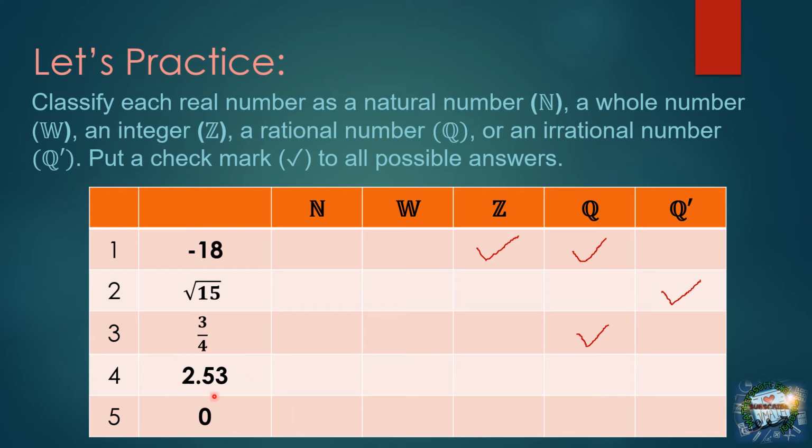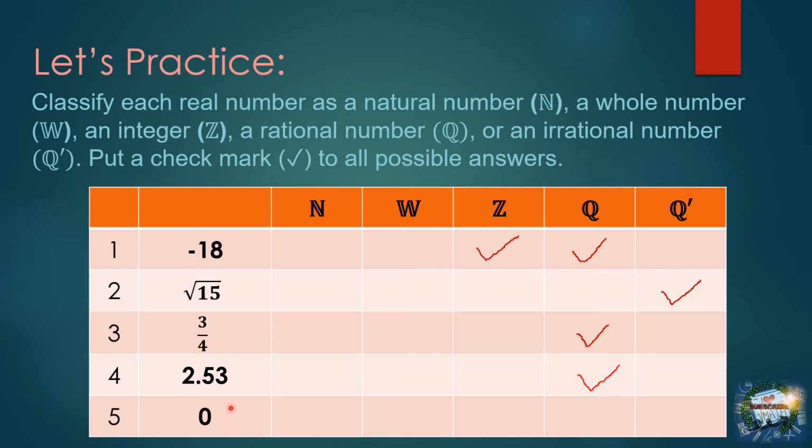That's a terminating decimal, but it is a rational number because a terminating decimal is considered a rational number. So we put a check here and no check for irrational, because once it's rational, it's no longer irrational. Once it's irrational, it's no longer rational. Okay, so let's continue.